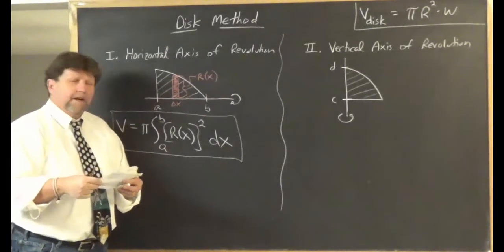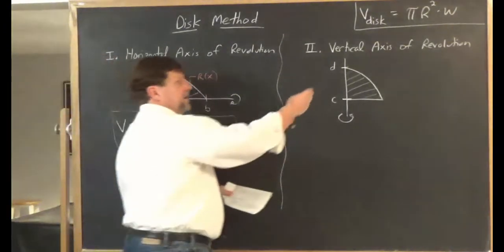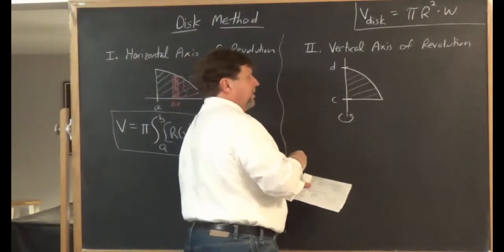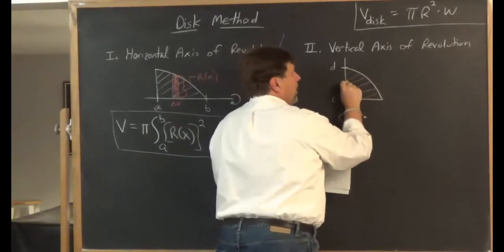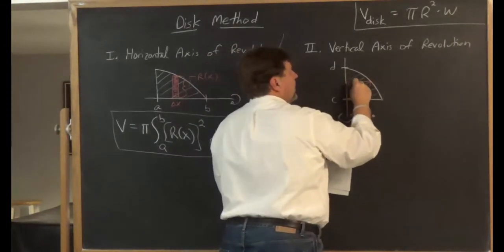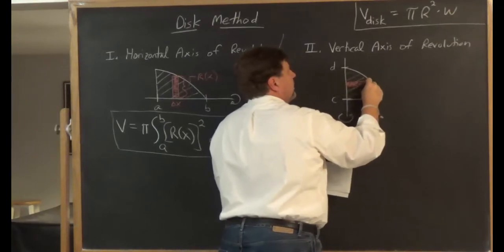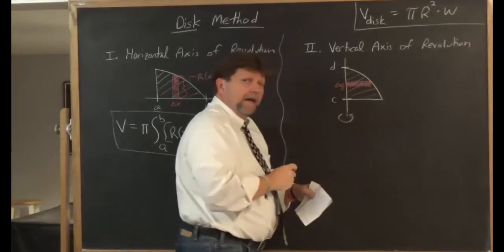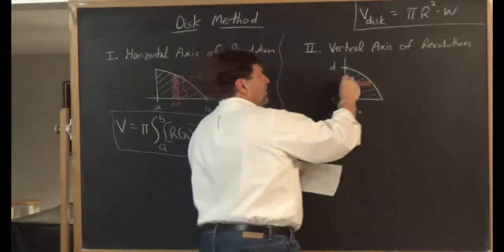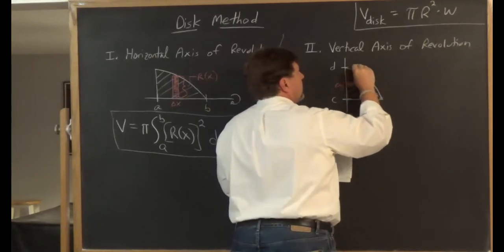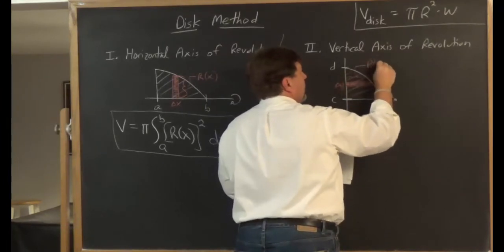Similarly, for a vertical axis of revolution. So here's my axis of revolution, the little symbol indicating that's what we're revolving around. I'd put in one representative rectangle. I kind of shade it here. Thickness is delta y. The height, which will be the radius of the circular face, that's R of y.